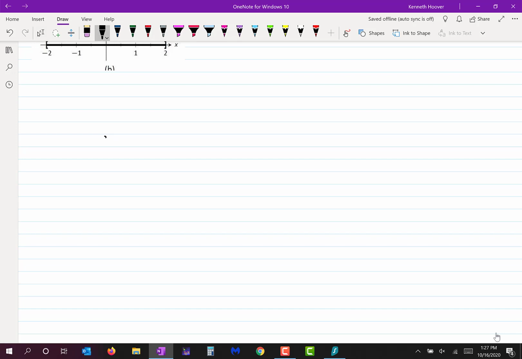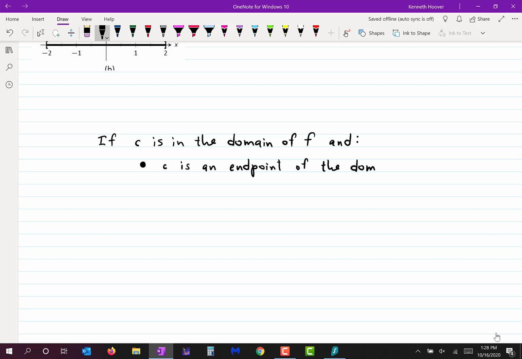So, if c is in the domain of f, and any one of these following things happens: c is an endpoint of the domain, or f prime of c equals 0, or f prime of c doesn't exist.